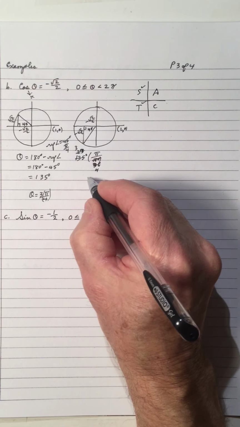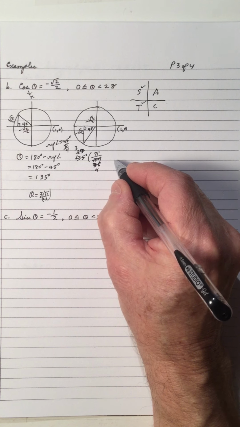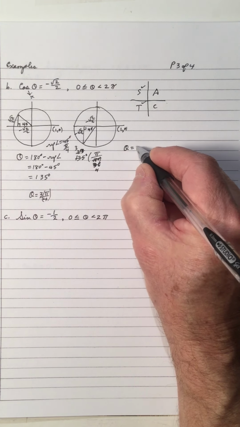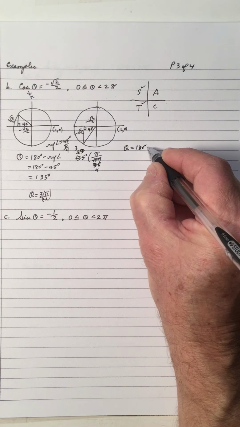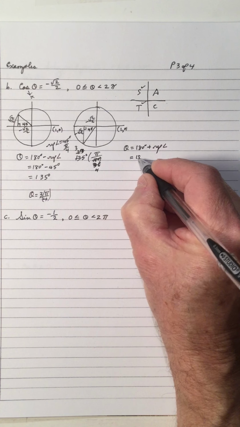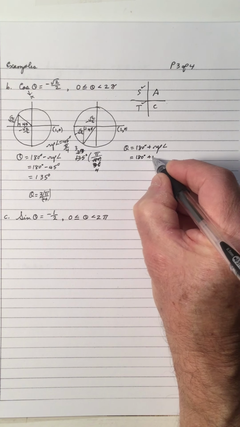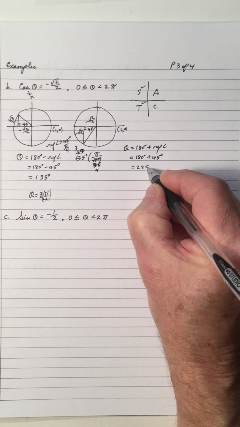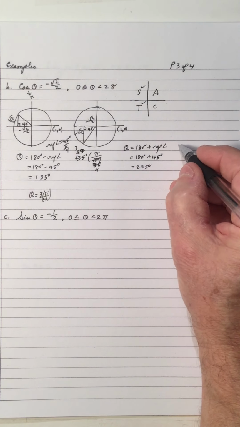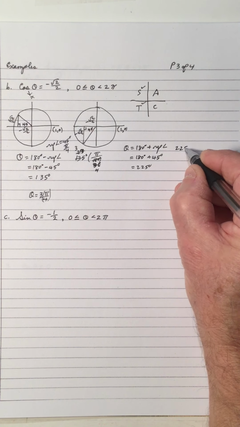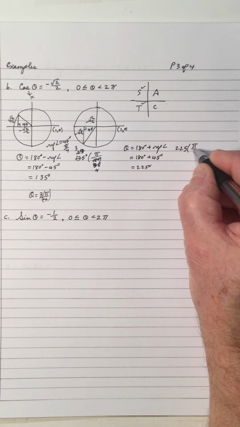And in this quadrant, we have that theta is 180 plus the reference angle. So it's 180 plus 45. So it's 225. And we convert 225 times pi over 180.